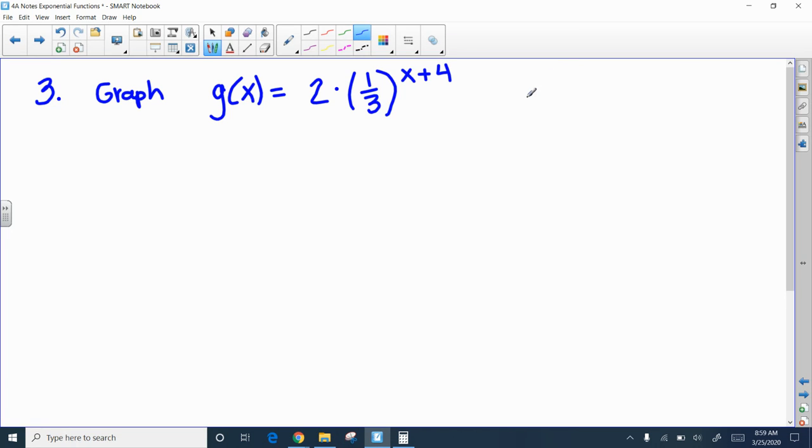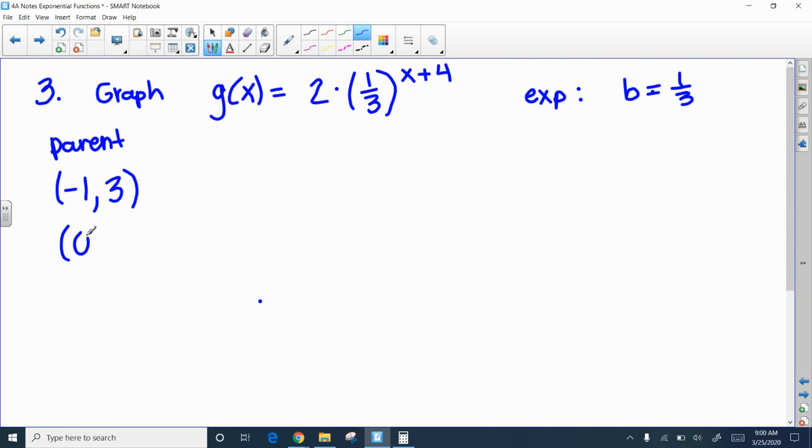All right, if you tried the practice problem, let's check it. Again, this is exponential. This time the base is 1/3, which is a hint that this is going to be an exponential decay function. So if you're checking your work, the original points on our parent function are -1, 3, 0, 1, and 1, 1/3, and our asymptote is y equals 0.